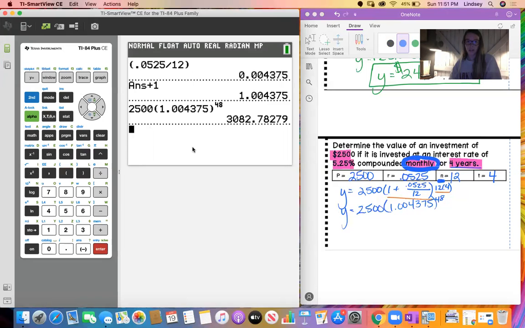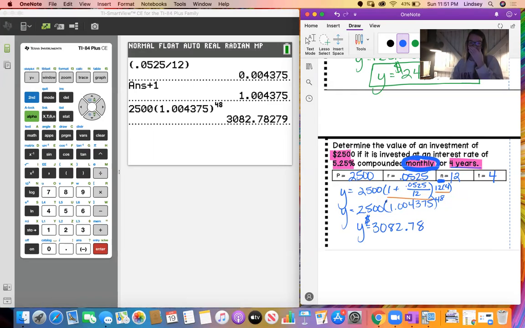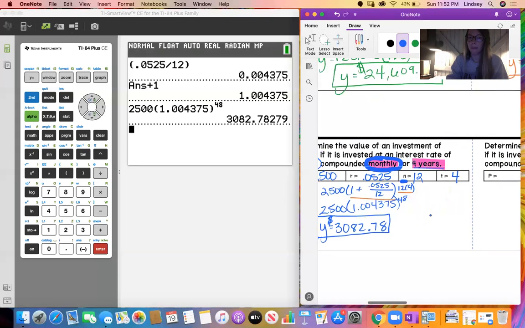All right, so in the end, this is going to equal y equals 3,082. And since we're talking about money, we're going to go to 2 decimal places, so it's going to be 78 cents. Okay, so if you invest $2,500 over 4 years with this interest rate, you'll end up with a little over $3,000. So you just got basically $500 of free money over that period of time.